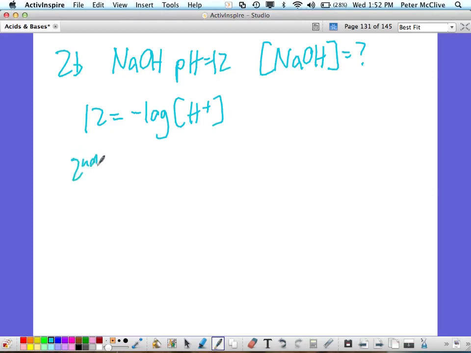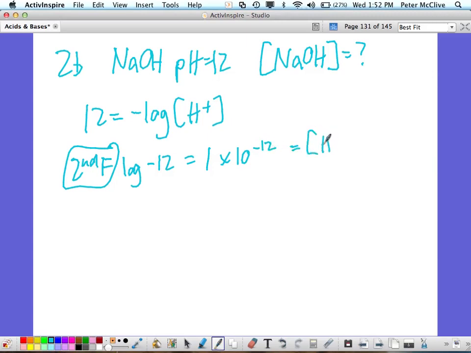Second function, log of minus 12. That's right, wasn't it? Yep. All right. So second function, log of minus 12 equals 1 by 10 to the minus 12. Okay, good. That is the concentration of hydrogen ions.